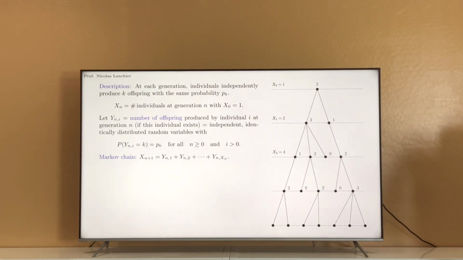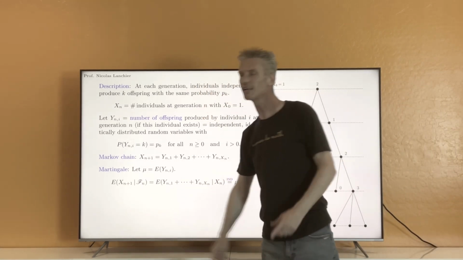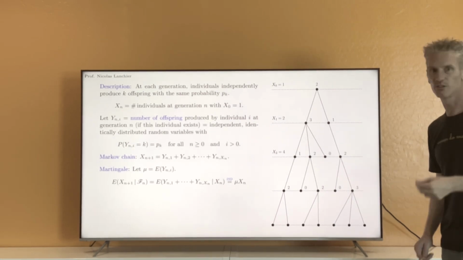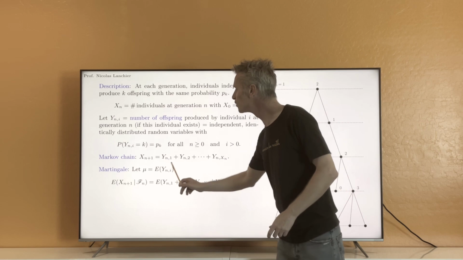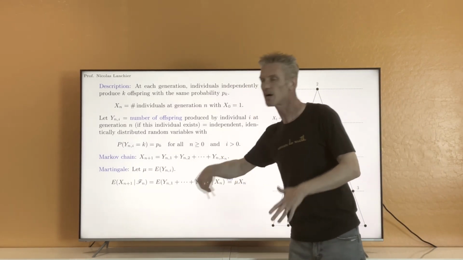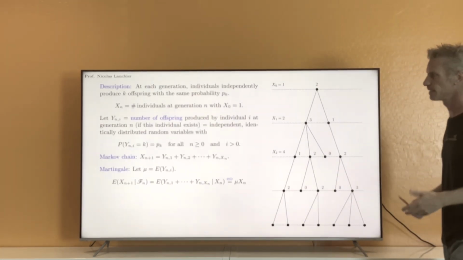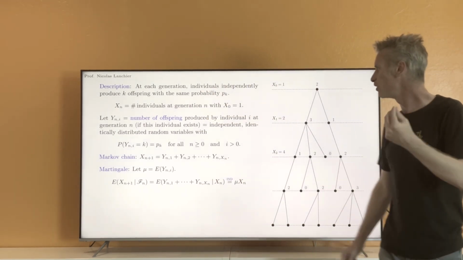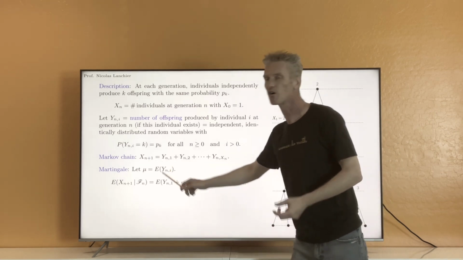So for that, I'm just going to look at the conditional expectation of X_{n+1} given F_n. A key quantity that we are going to use is this mu, which is equal to the common expected value of all the Y_{n,i}, because they all have the same distribution. If you look at this conditional expectation, you can replace X_{n+1} by the expression we found before.